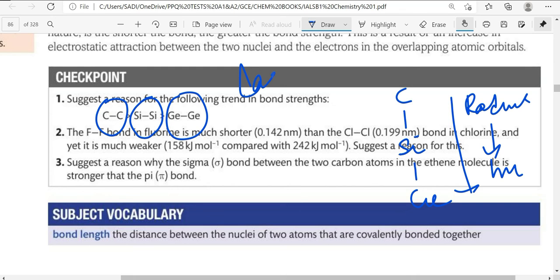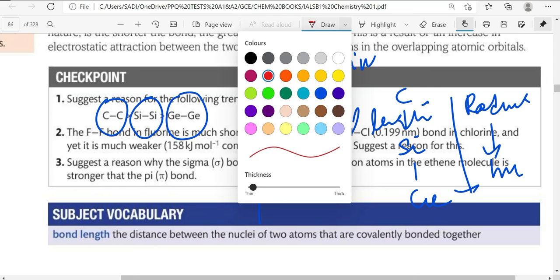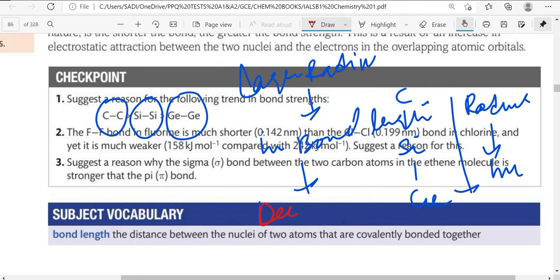Larger radius will increase bond length, and this will decrease the force of attraction between the two atoms. Decrease in force of attraction between two atoms decreases the strength of the bond.